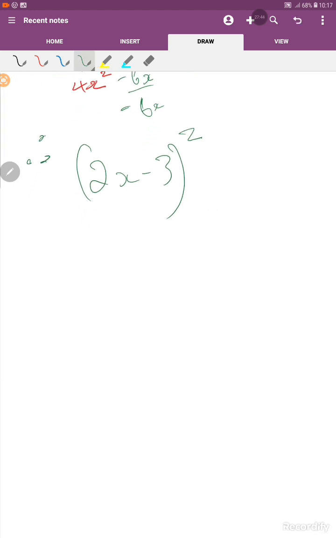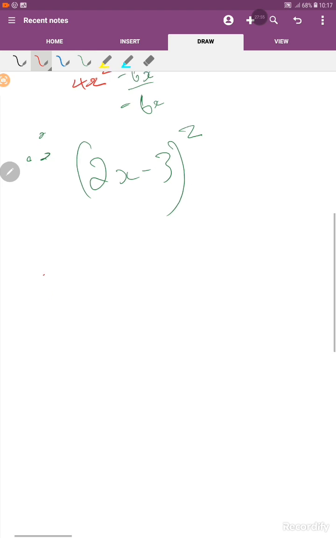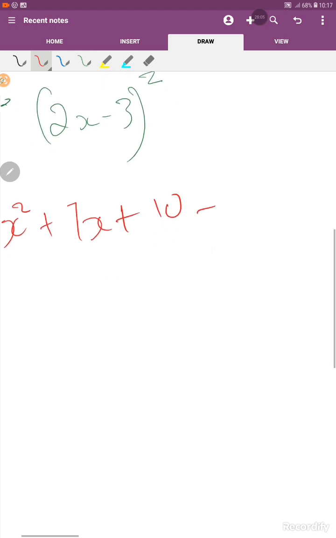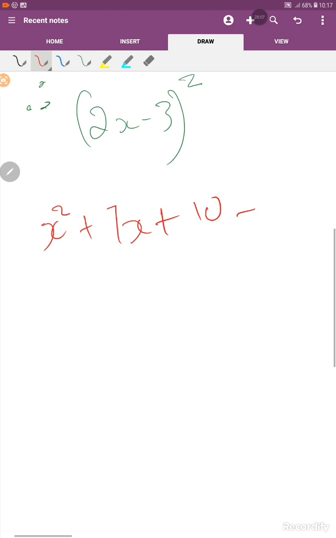So, for the record, let me write this equation first. You can just say 2x squared plus 7x plus 10. When you factorize that, you're going to say x, open bracket x.